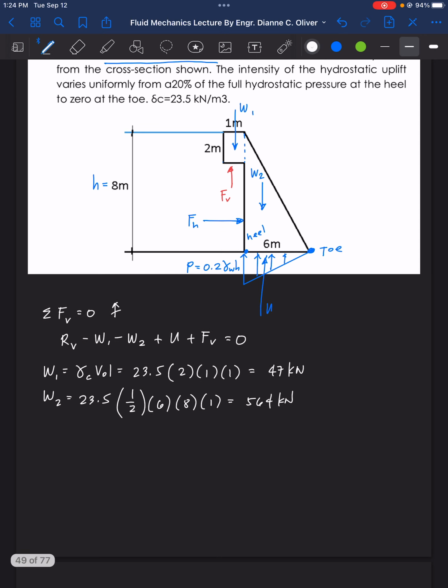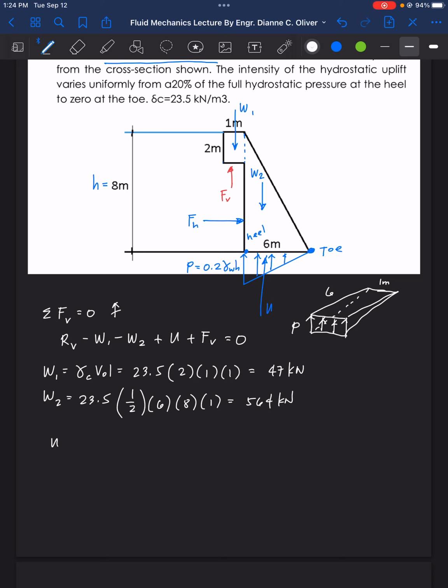And then the uplift force. How do you compute the uplift force? The uplift force is like this. So it's a prism, a rectangular prism. So how do you compute the volume? This is P, the height here is P. The width is 6 meters, and the thickness, or the width here, is 1 meter.